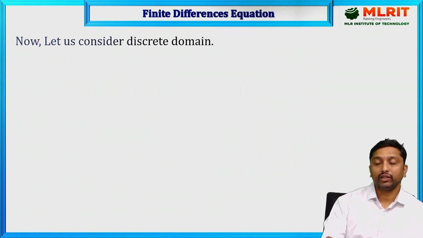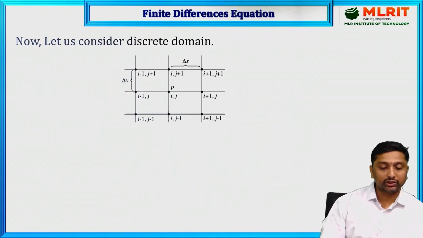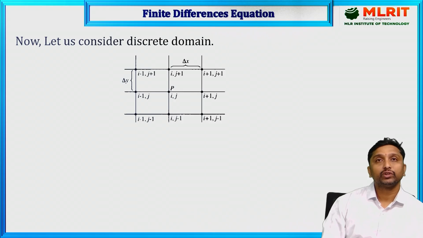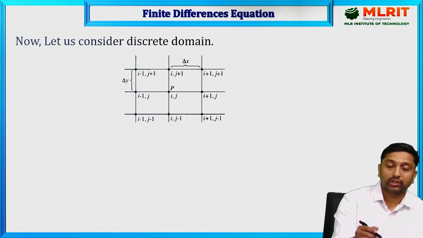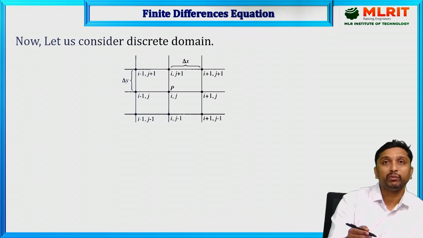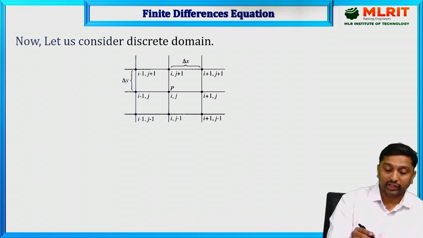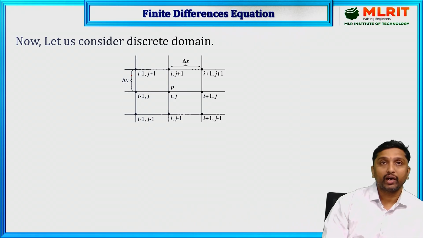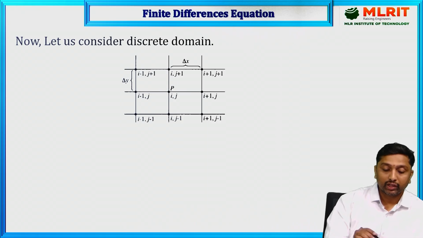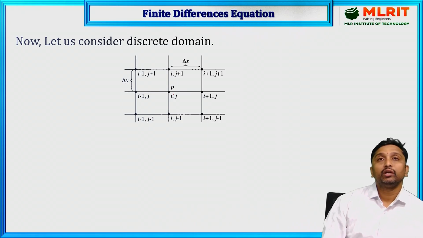So what are finite difference equations? Let us consider a discrete domain, just like we discussed in the previous session about representation. Let p be the point, and delta x and delta y be the intervals in the x direction and y direction respectively. Let I comma j be the location of point p.